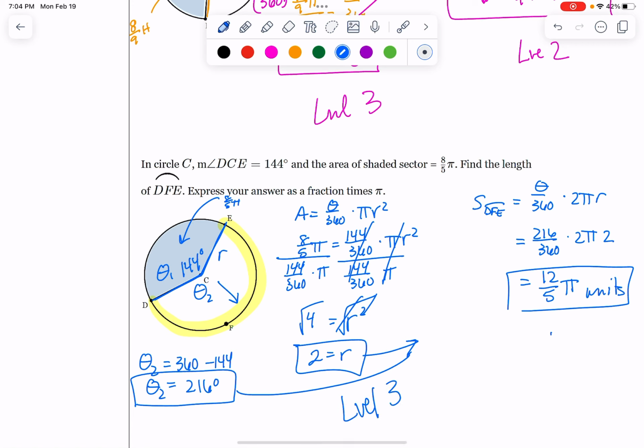Level 3, level 2. But you have to do the level 3 skill before you can use the level 2.